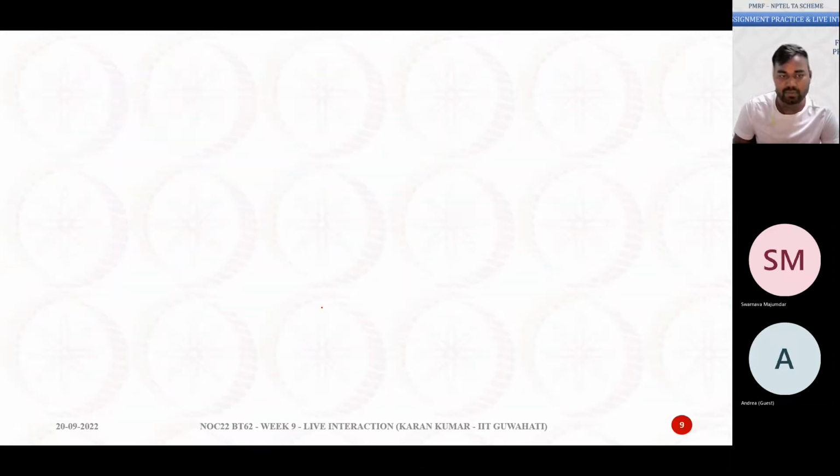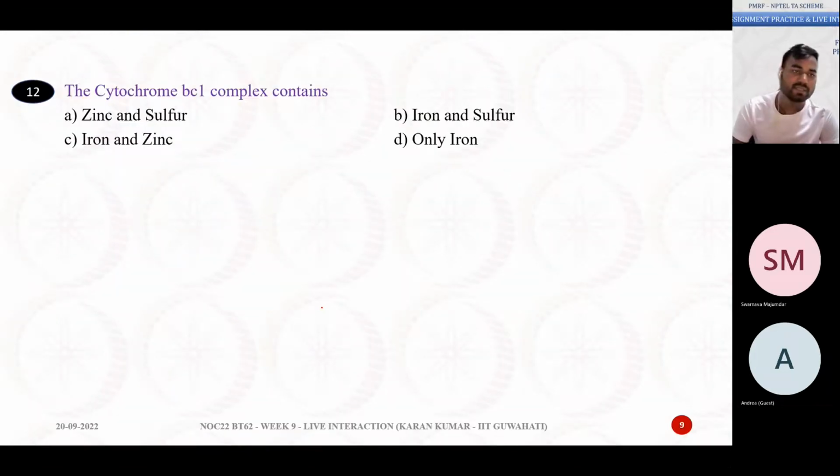Now the next question is: cytochrome BC1 complex contains which cofactor? Option A zinc and sulfur, option B iron and sulfur, option C iron and zinc, option D iron only. Cytochrome BC1. Any idea?